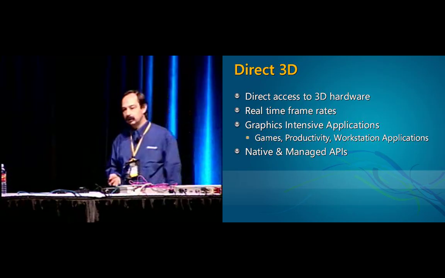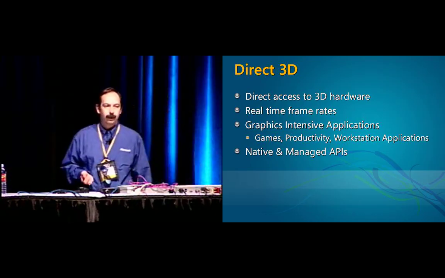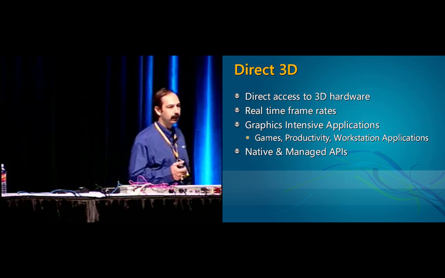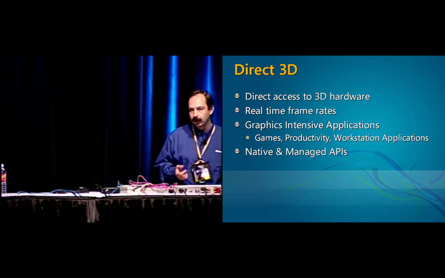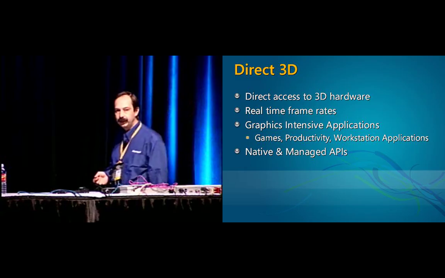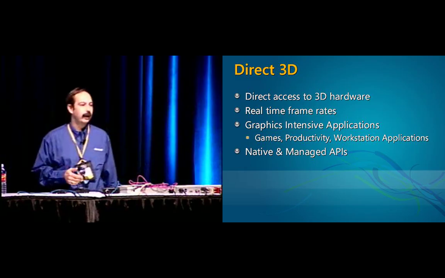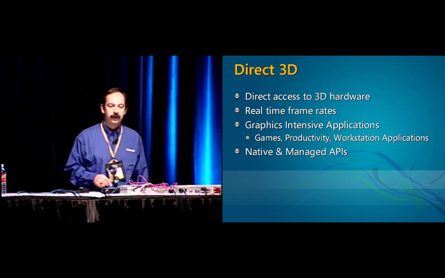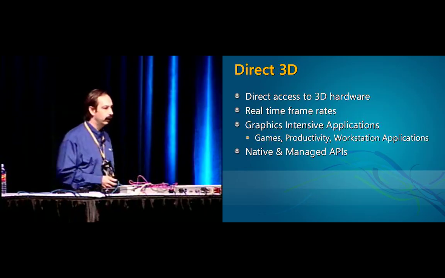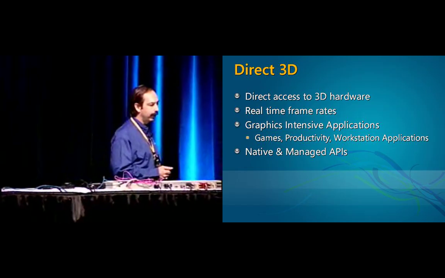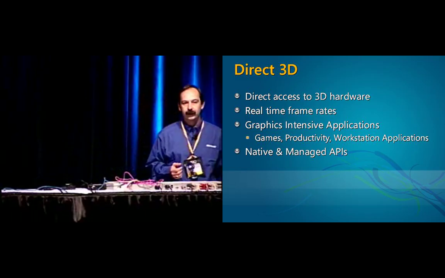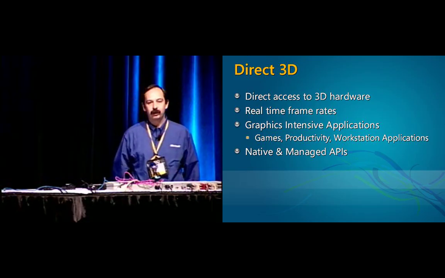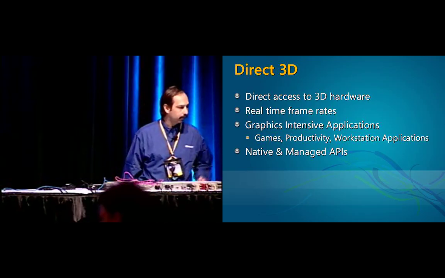But the newer classes are things like productivity apps that are now starting to incorporate 3D into various aspects of themselves. Now, Direct 3D, as it ships today, provides an SDK that has both native and managed API sets, and a bunch of tools for various different types of activities for doing your 3D applications. We'll talk somewhat about those in the next talk.